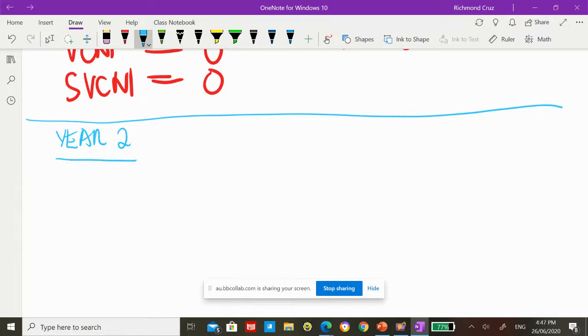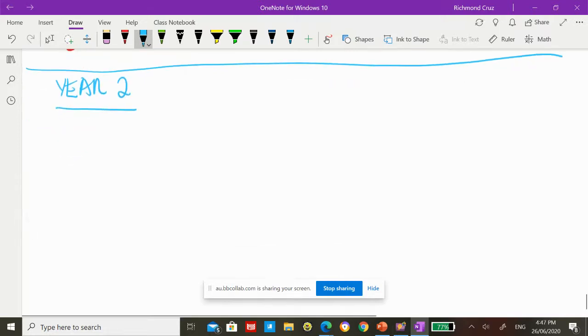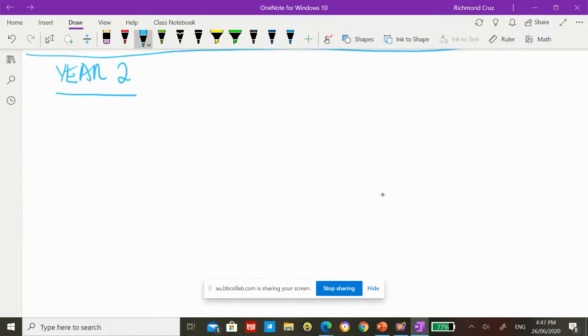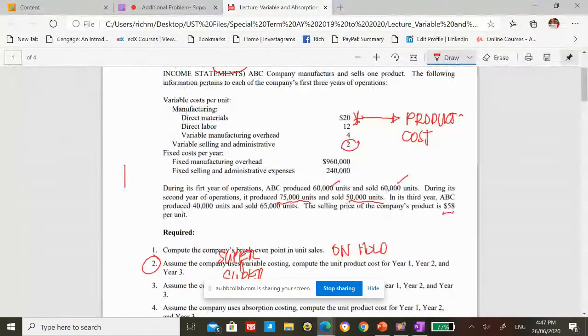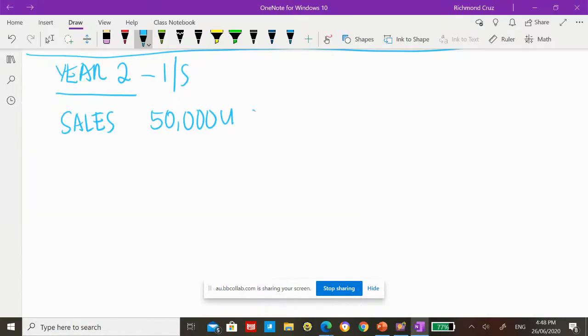Take note, this is also super variable costing. So for the income statement, we're going to start with sales. This is the units sold, that is 50,000 units multiplied by the selling price, and the selling price is 58.